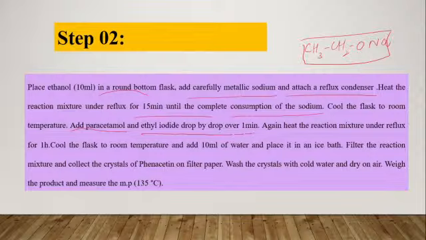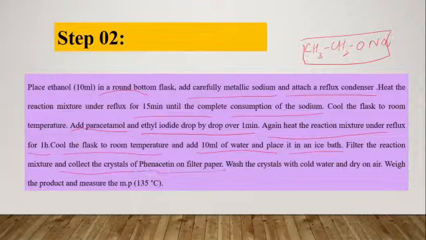After addition, again we will reflux the mixture for 1 hour, then cool the flask to room temperature, then we will add water in it in an ice bath. Filter the reaction mixture and we will get the crystals of phenacetin on the filter paper.